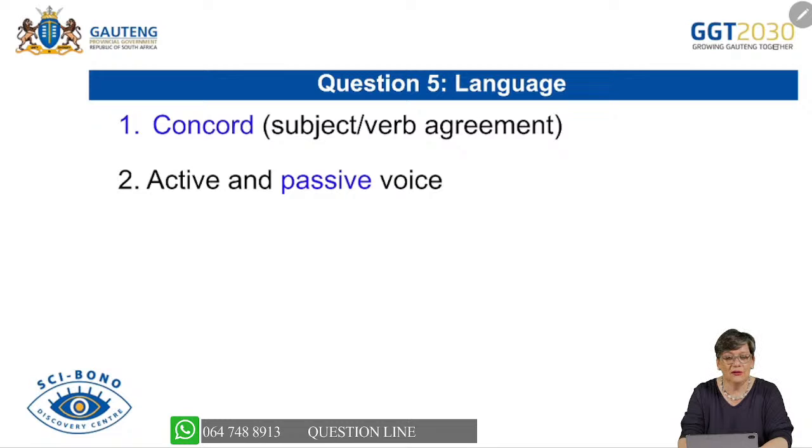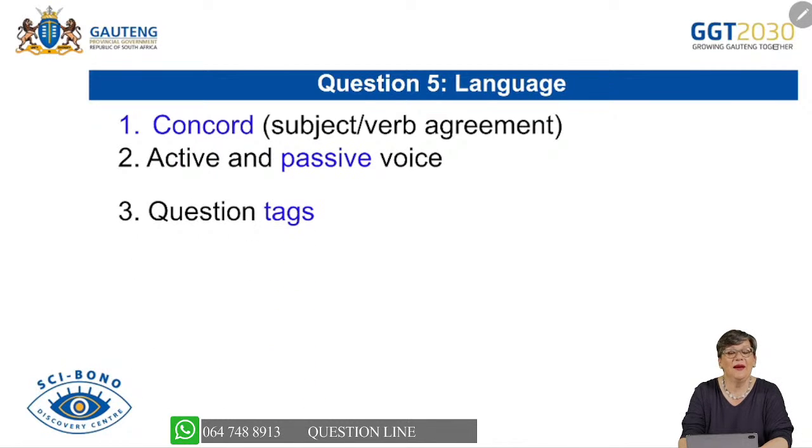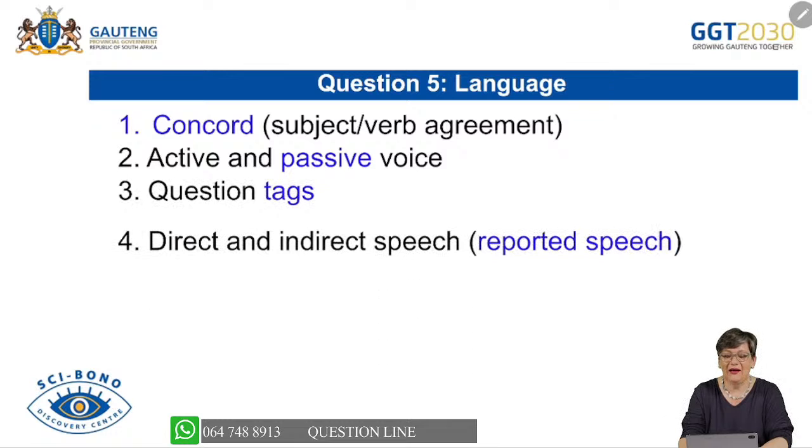Concord. Remember, that's your subject and your verb that's in agreement. In other words, if your subject is, for instance, singular, then your verb has to be singular. Active and passive voice. Question tags. Our favorite, reported speech.